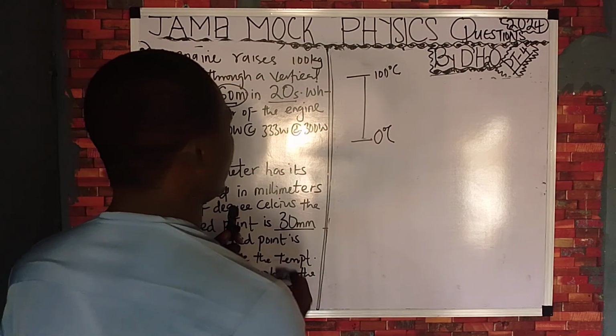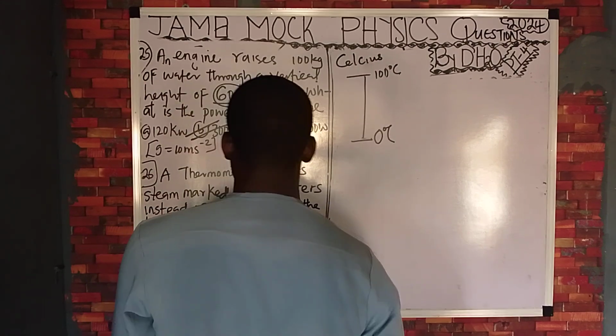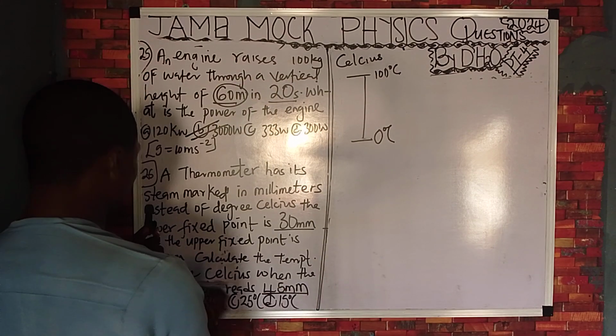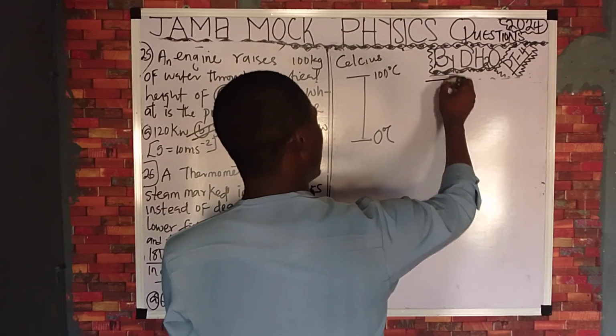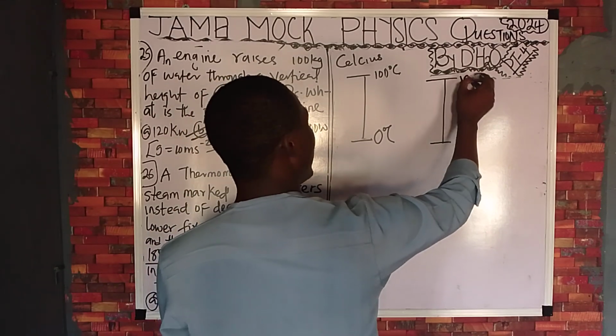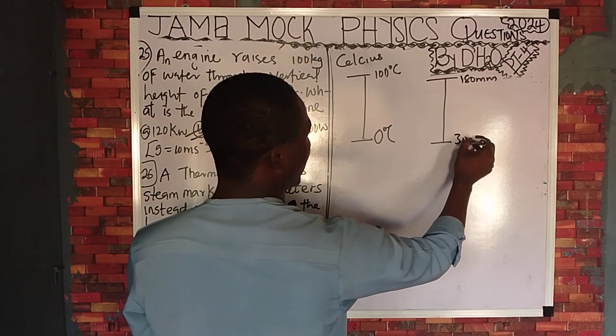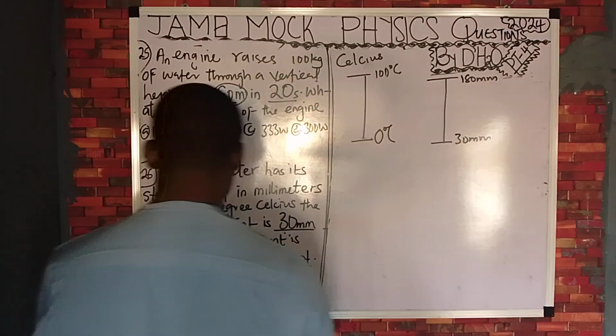Now they are comparing the Celsius scale to a millimeter scale. The millimeter scale says that their upper fixed point is 180 millimeter, while the lower fixed point is 30 millimeter. Are we together?